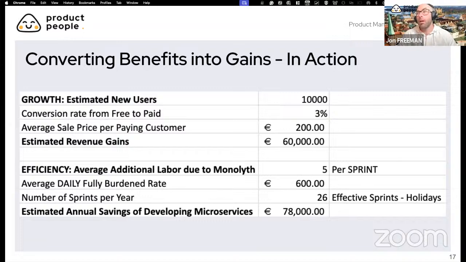Well, maybe you could make an argument to say, hey, look, we spend this amount of money or effort per year trying to maintain this thing. We could actually save money by not having to maintain it. Yeah, there's going to be a cost to making that change, but it's still some fuel to help you in getting buy-in from stakeholders that might not see something like that as a benefit.